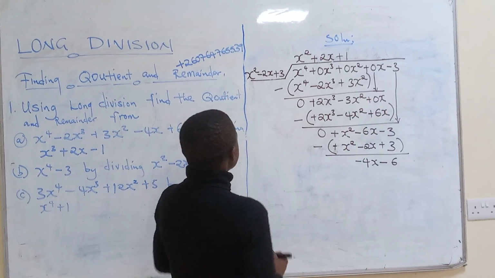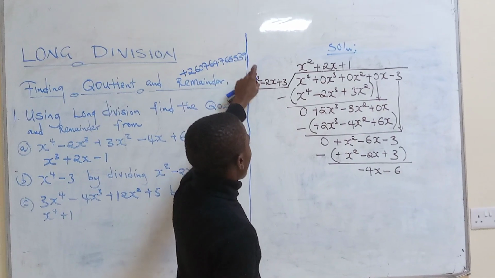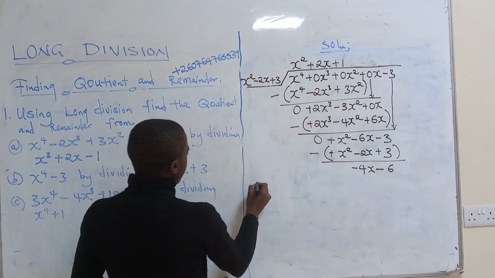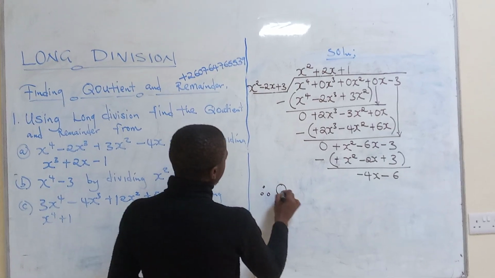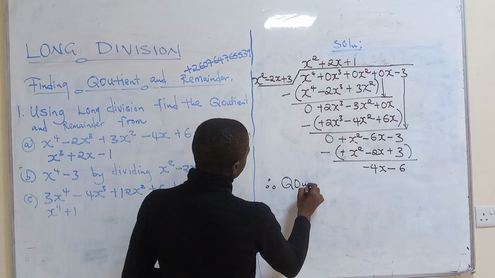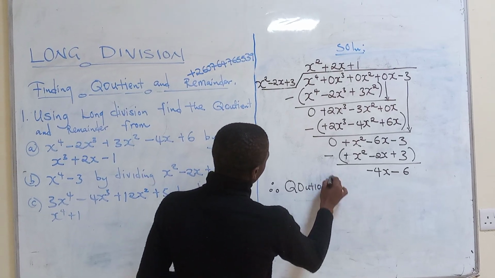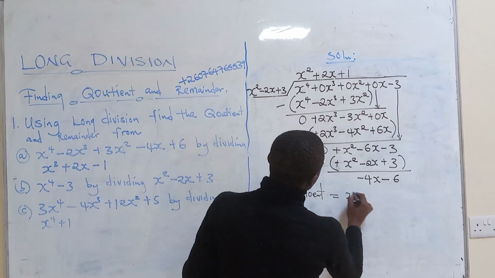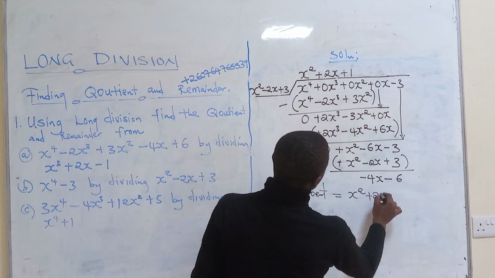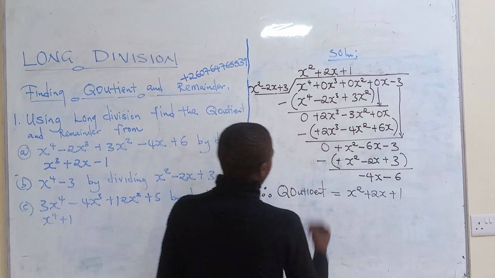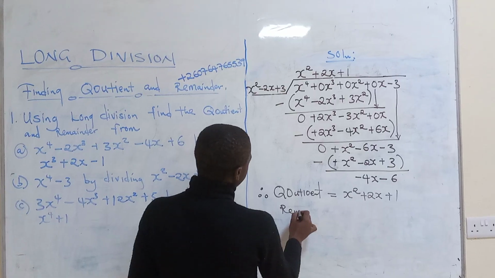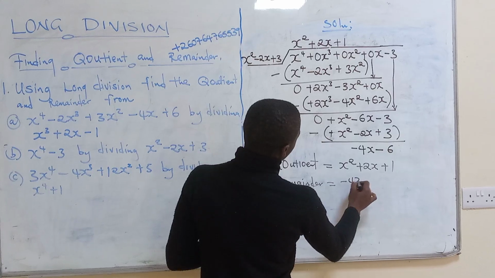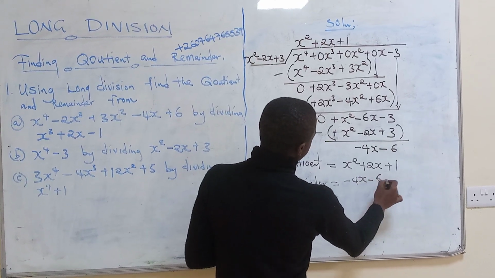In this case, since this value has a greater power compared to the value that you have obtained, you can end here, but you write: therefore our quotient is equals to x squared plus 2x plus 1, and then our remainder is negative 4x minus 6.